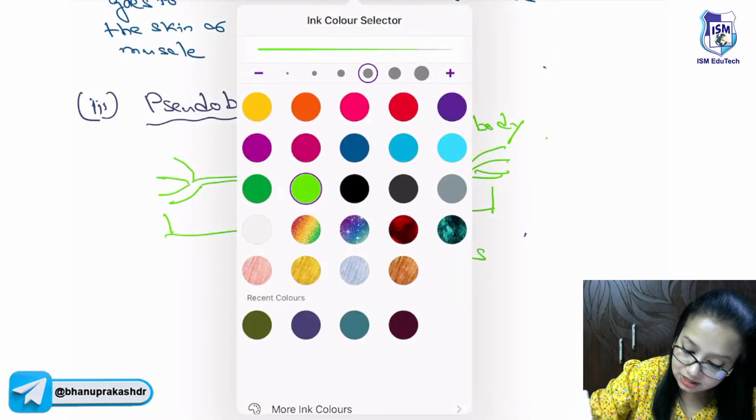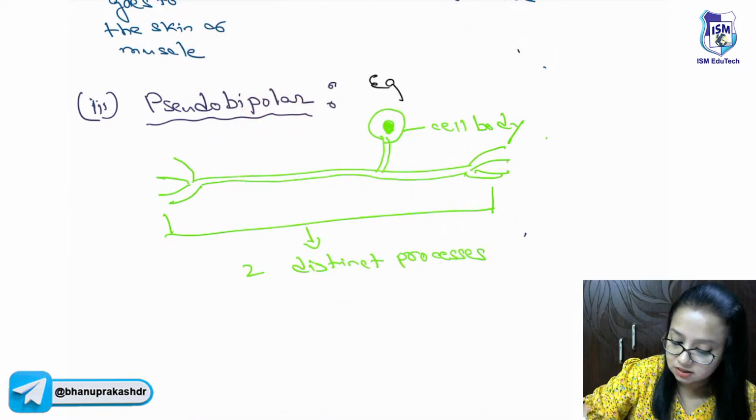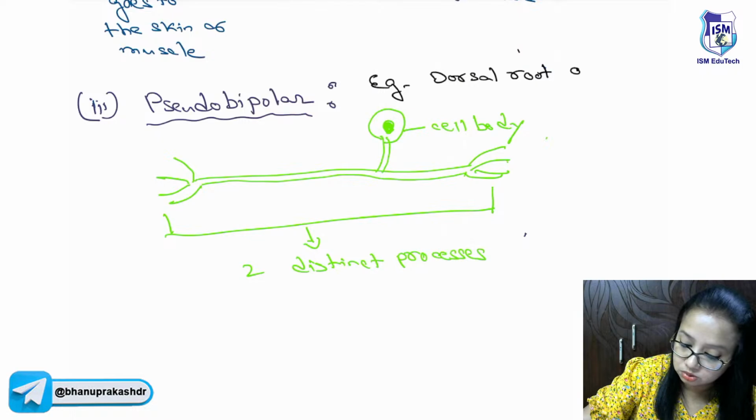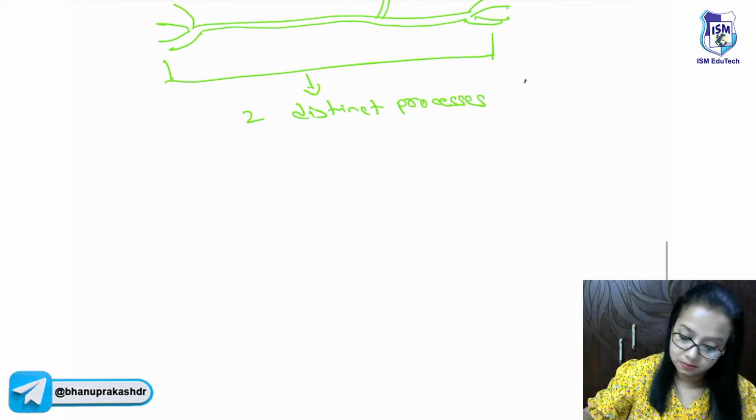Now this type of neuron is present in the dorsal root ganglia. This is where they are located.